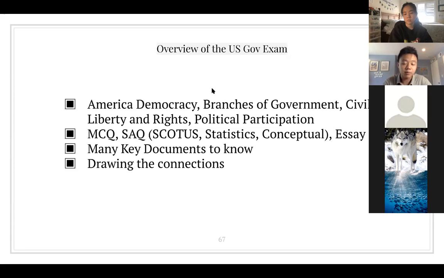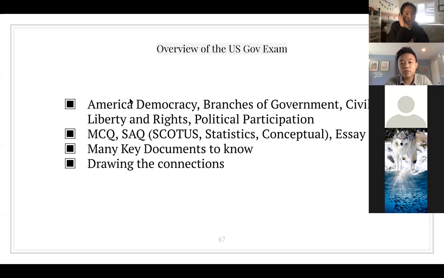And then civil liberties and rights, where you will learn about the different past civil rights movements in the United States and the amendments. And last, you move on to political participation, which is about voting and other ways that you can participate in the United States political system. I think there are some other parts I'm leaving off, but that's the main bulk of the class.